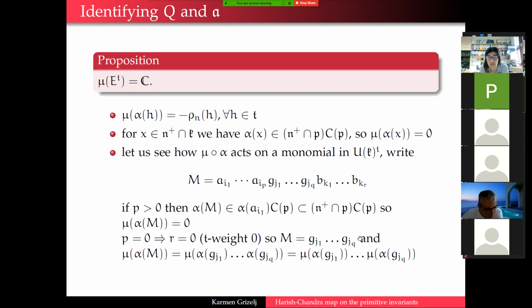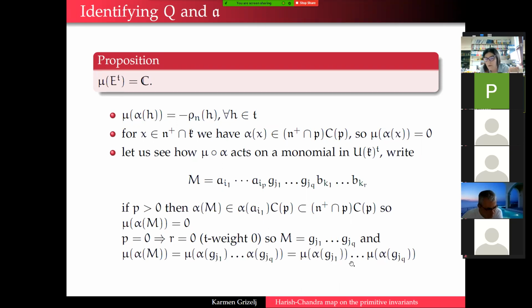So actually, it's just the product of elements in T. But our first part of the proof was that mu of alpha is a constant on elements of T. So we just put that into our equation, and since we're talking about homomorphisms of algebras, we can write it as mu of alpha of the first guy, mu of alpha of the second guy, and so on.